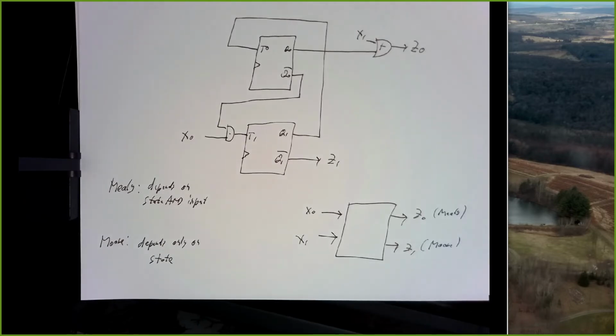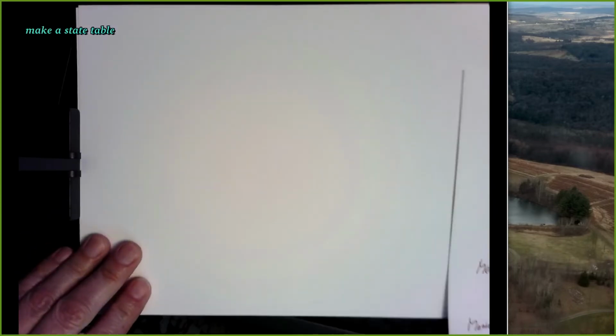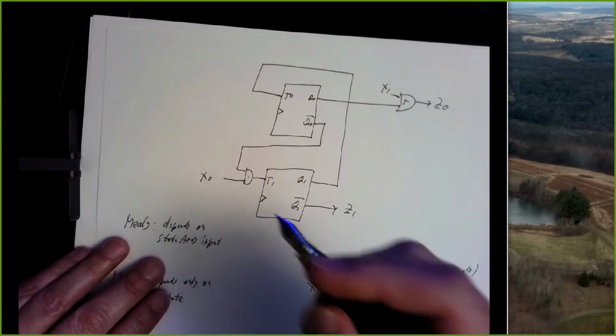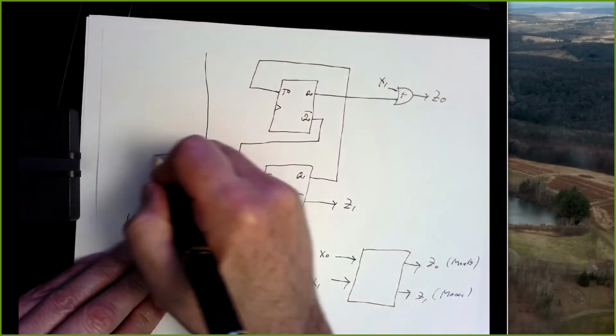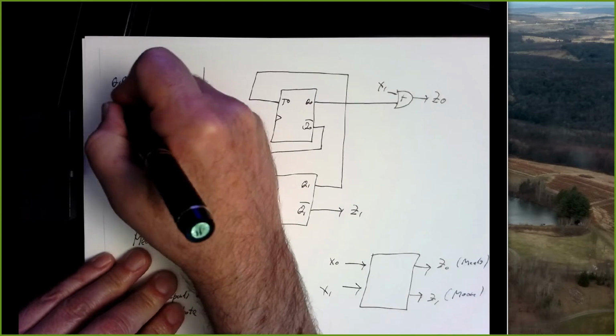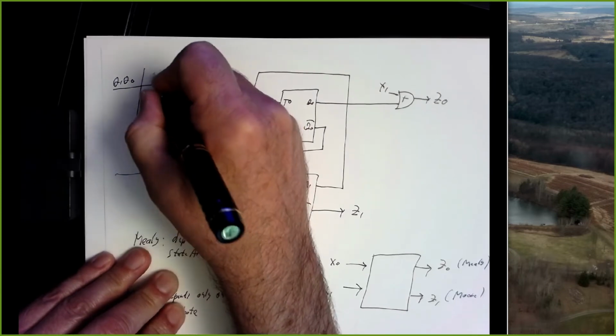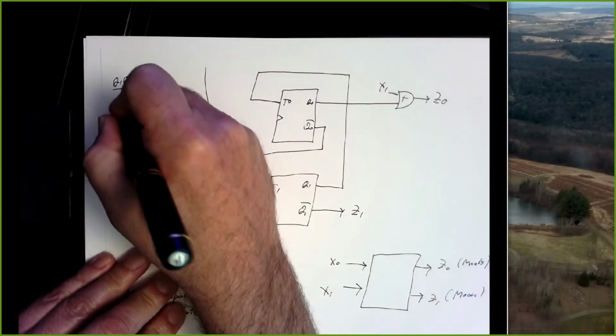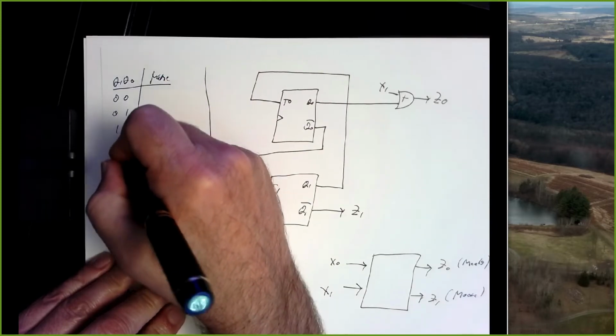So make a state table. Let's start over here. Our state is the combination of Q1 and Q0, and we've got 4 possibilities.